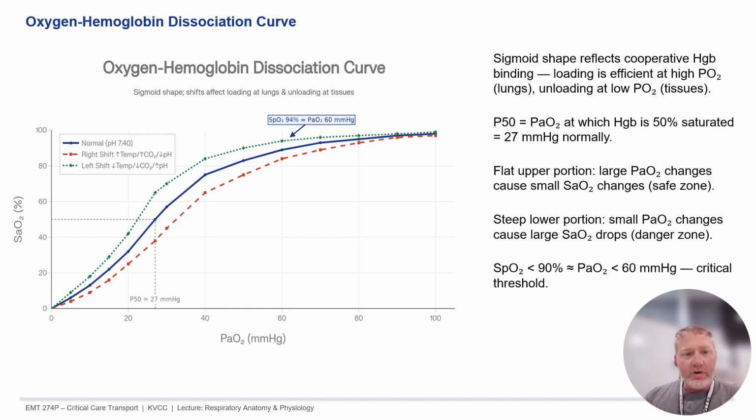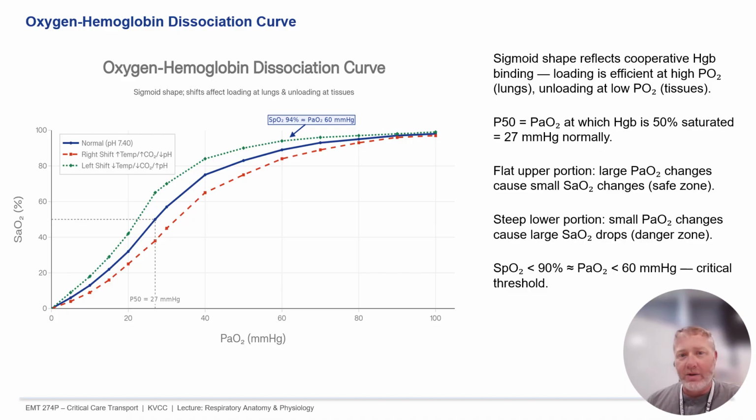So the curve itself plots hemoglobin saturation, the SaO2, on the y-axis, against the partial pressure of oxygen in the arteries, the PaO2, on the x-axis. The sigmoid shape is not arbitrary. It reflects the cooperative binding behavior of hemoglobin.